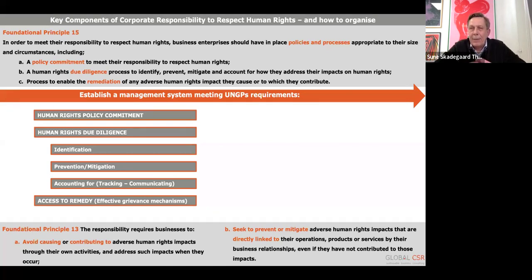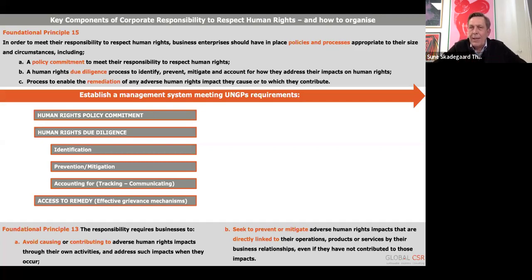Basically, in Foundational Principle 13, the three connections or involvements with adverse impacts on human rights are first brought forward. Foundational Principle 13 describes the responsibility to respect human rights through two requirements. The first one is that any company, also investors, should avoid causing or contributing to adverse human rights impacts through their own activities and address such impacts when they occur.